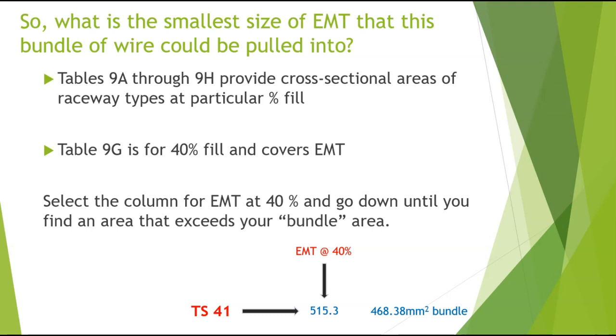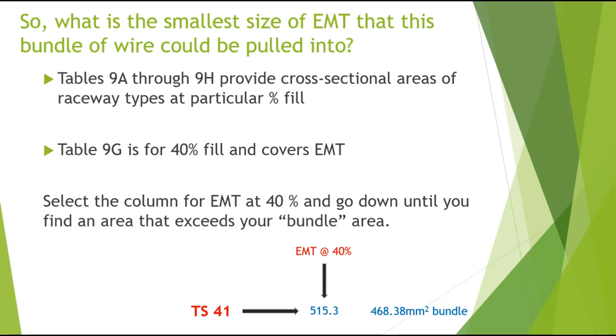And so that's why I say table 9G, which is 40% pipe fill for the majority of common raceway types, is going to be our most often used table out of this range of table 9A through H. Now when we take a look at table 9G, we're going to see that on the far left hand side of this table we've got rigid metal conduit, all the way through to the right hand side where we've got electrical non-metallic tubing. And then just to the left of electrical non-metallic tubing, we've got EMT.